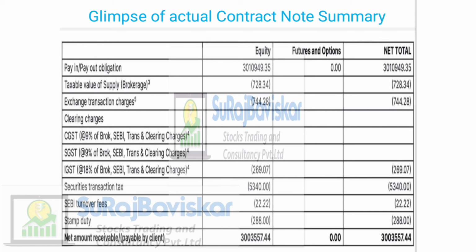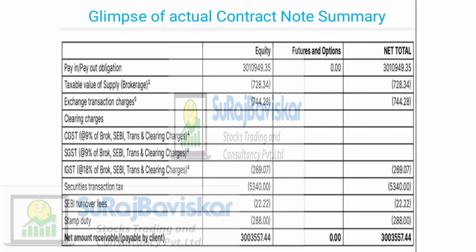That means I was expecting this much amount into my account after deducting charges like taxable value, that is brokerage 728 rupees, exchange charges 744 rupees, then IGST 269 rupees, security transaction tax, which is very high in this case because of the turnover, 5,340 rupees for a single day, and then SEBI turnover fees is 22 rupees 22 paisa, and stamp duty is 288 rupees.